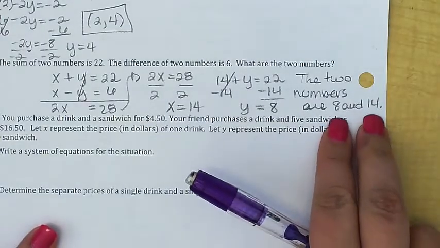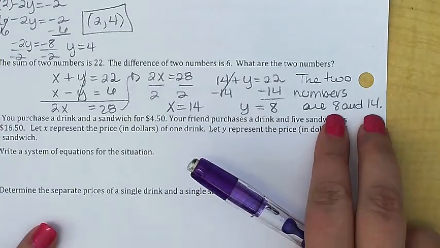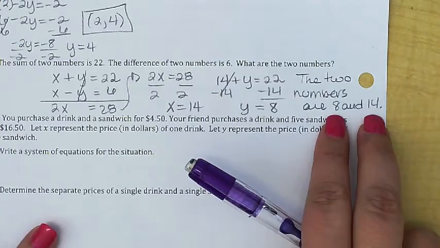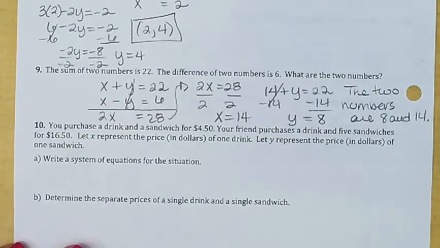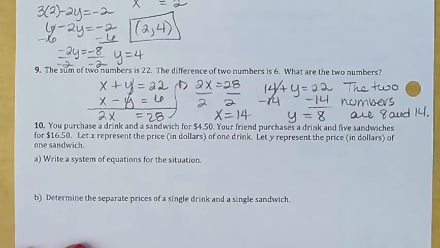When you add them up, they have a sum of 22. When you subtract them, they have a difference of 6. That's perfect. Okay, so that's one kind of word problem you can use elimination to solve. We'll try the other ones in class tomorrow.